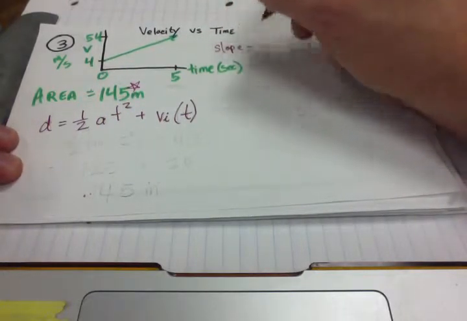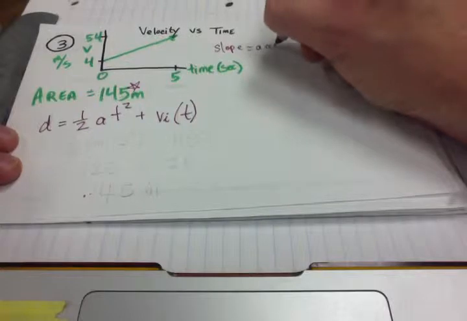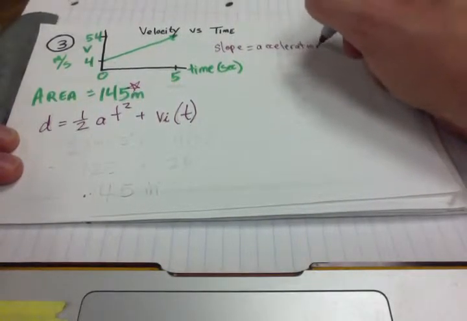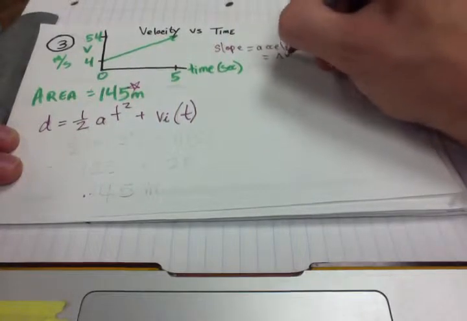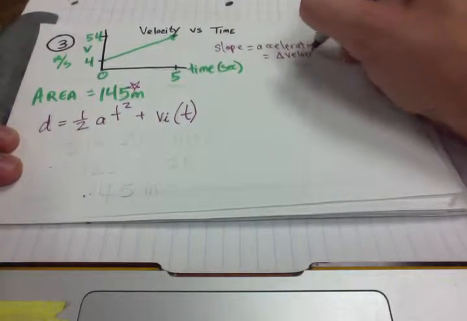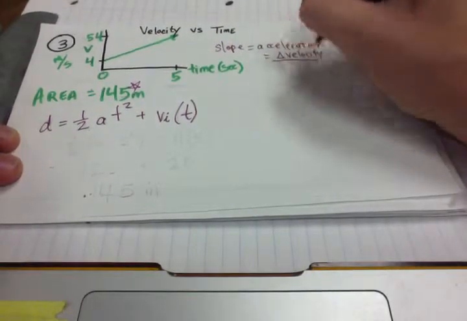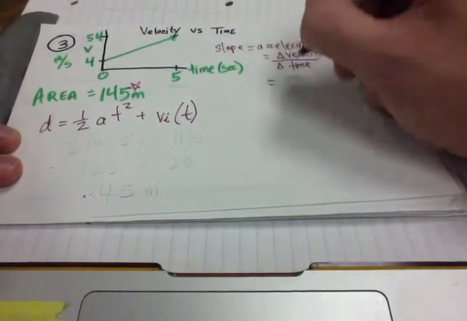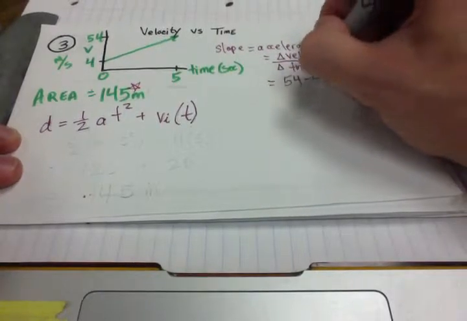so we've already established that the slope on a velocity versus time graph is our change in velocity divided by our change in time, which we said was the acceleration.